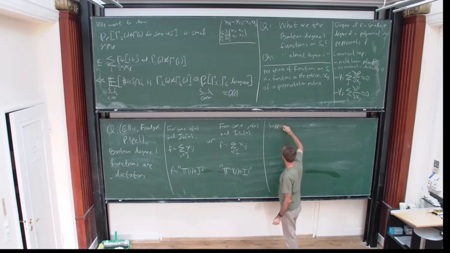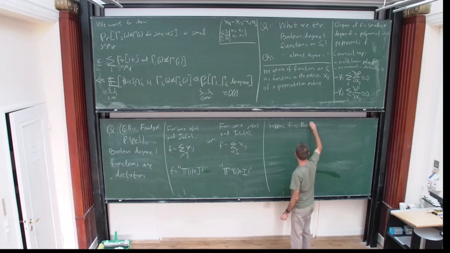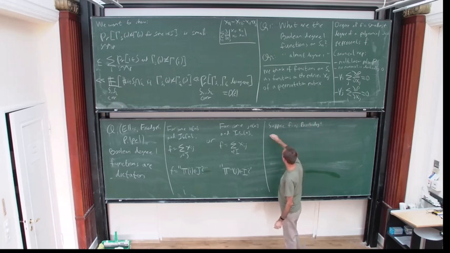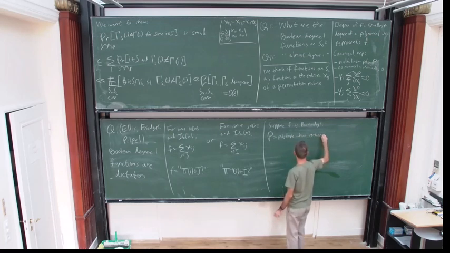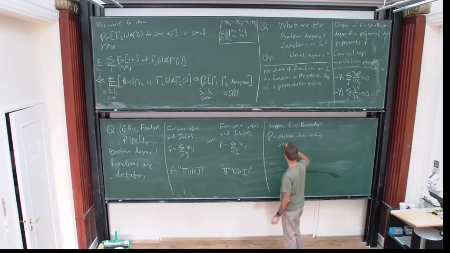This is not quite how they proved it, but it's an equivalent proof. Let's suppose that f is a Boolean degree 1 function. We will consider the Birkhoff polytope, which is the convex hull of all permutation matrices. In other words, it's the polytope whose vertices are the n by n permutation matrices.